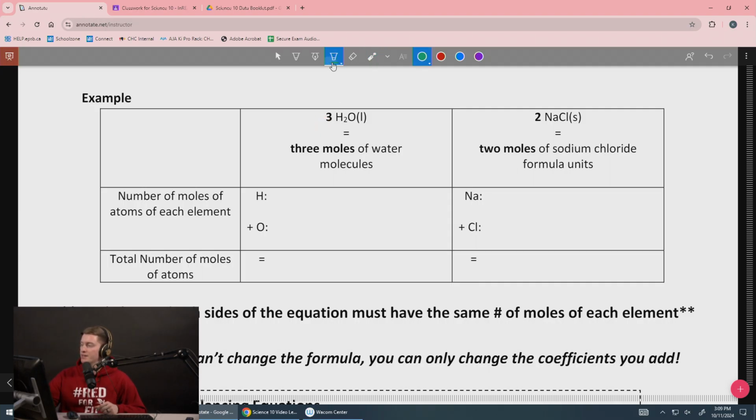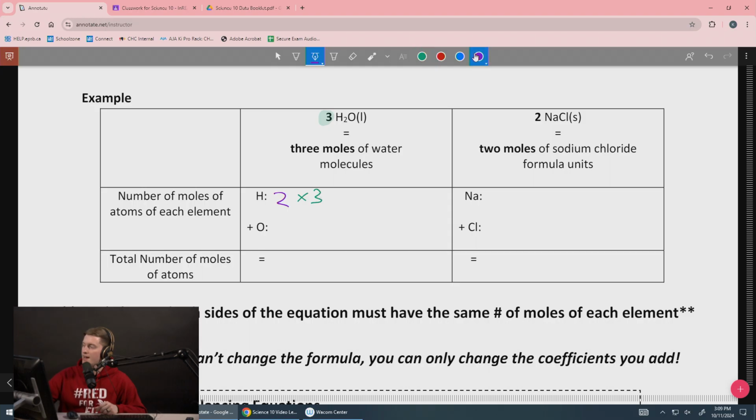This 3 coefficient is telling me that I have 3 moles of water molecules. Inside water, I have 2 hydrogens, but now I have 3 moles of water.